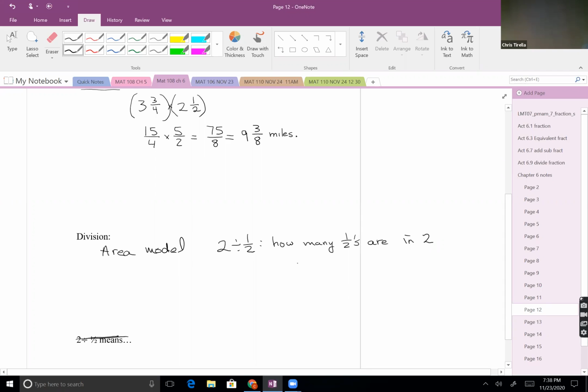And so we could look at this in the same way we did with that opening activity, so that if this box is my unit 1, I could look at that as saying that there are 4 halves in there.